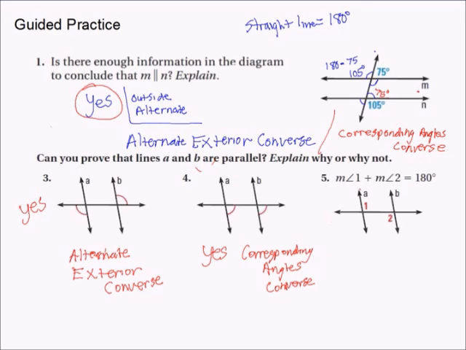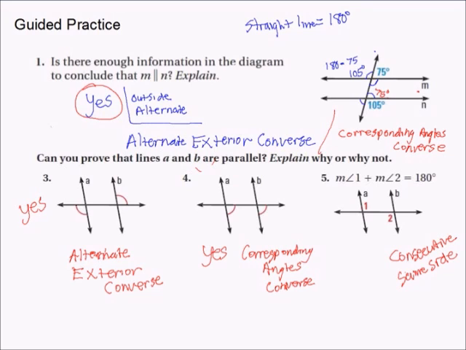And let's look at this. The measure of angle 1 plus the measure of angle 2 is equal to 180 degrees. The only way that that's possible is if it's consecutive. But do we have consecutive angles? No, we have alternate. Consecutive, remember people, means same side.